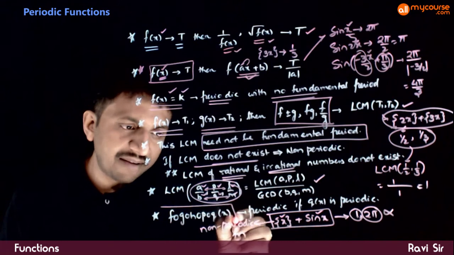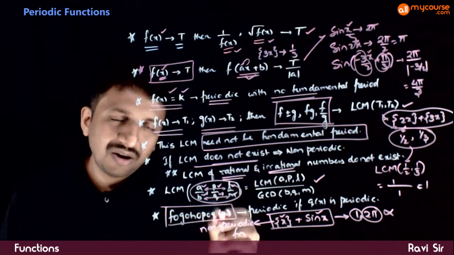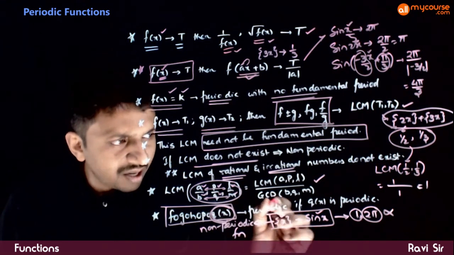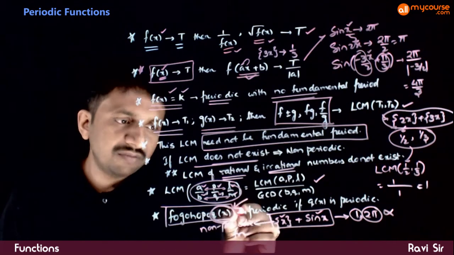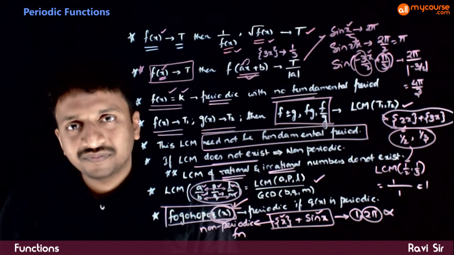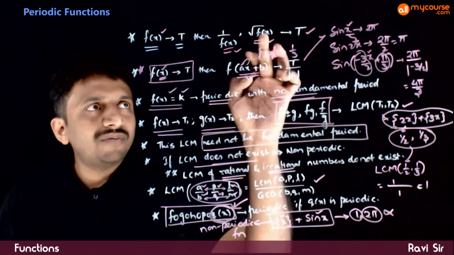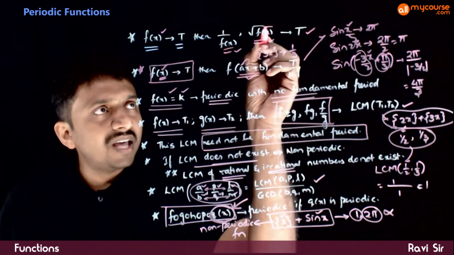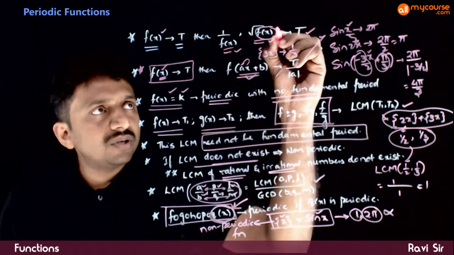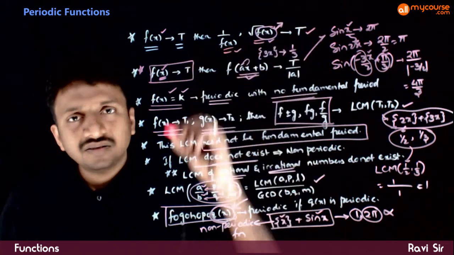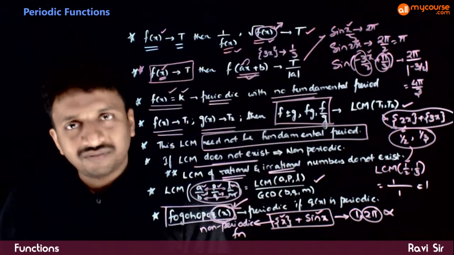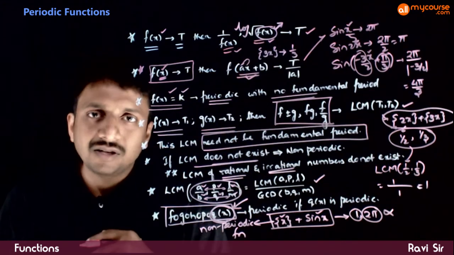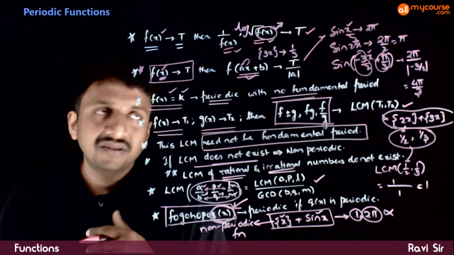Next, final point, if you have a composite function containing a lot of functions. If the innermost function is a periodic function, then the whole function will be a periodic function. For example, root f of x is also a composite function. What is the innermost function? f of x. If you have a log here, log root f of x is also a composite function.